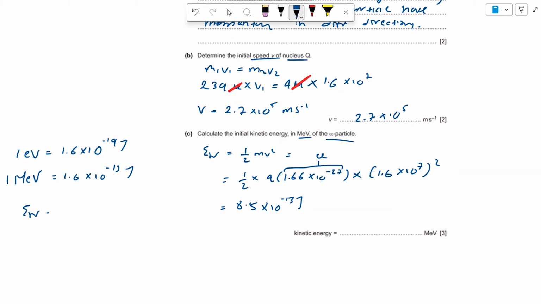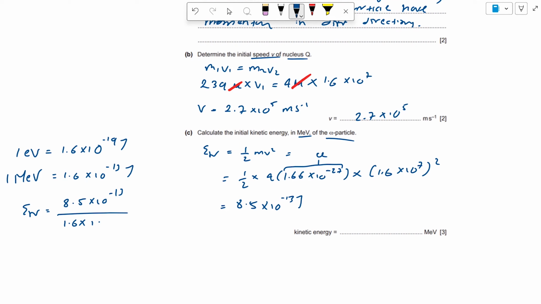So our kinetic energy in MeV is going to be 8.5 times 10 raised to the power of negative 13 divided by 1.6 times 10 raised to the power of negative 13, which is going to give us 5.3 MeV, and that's your answer.